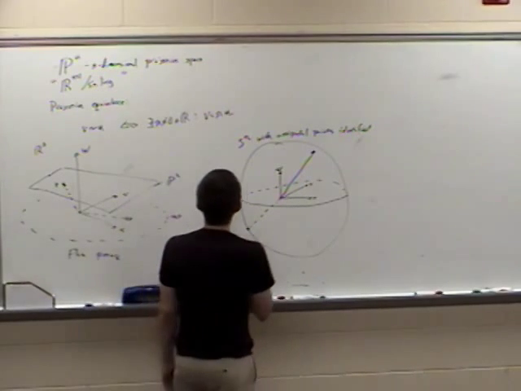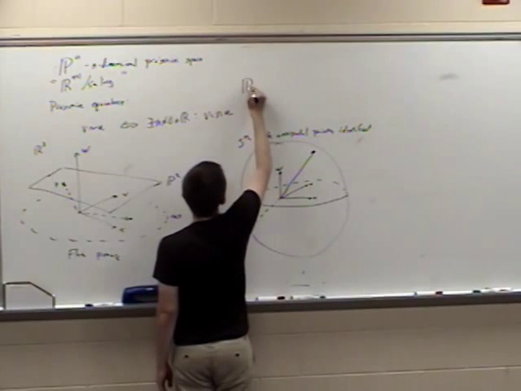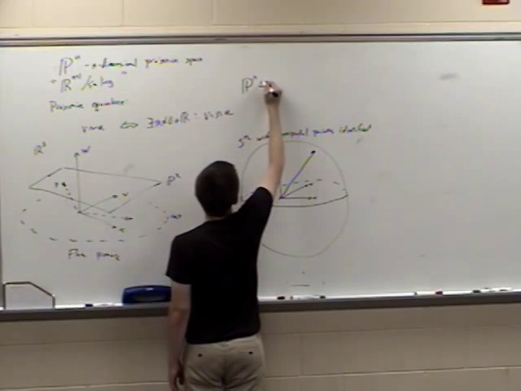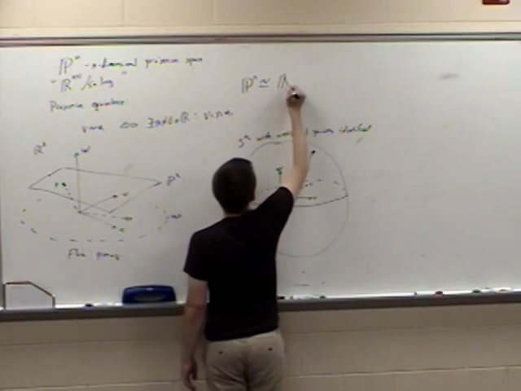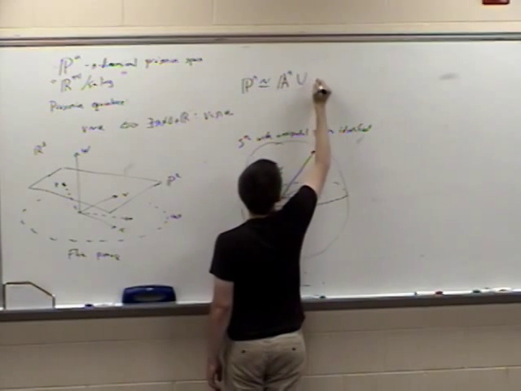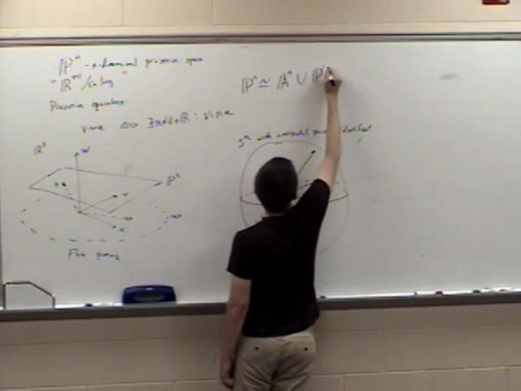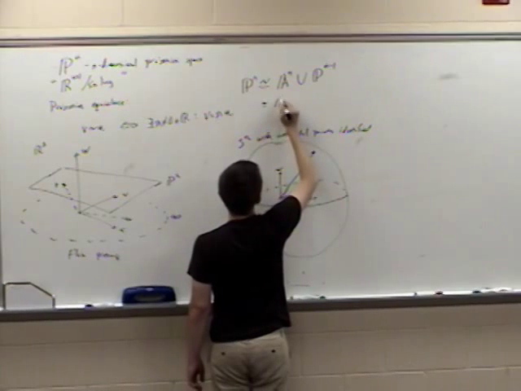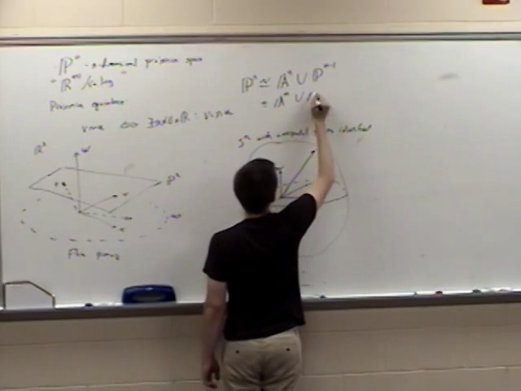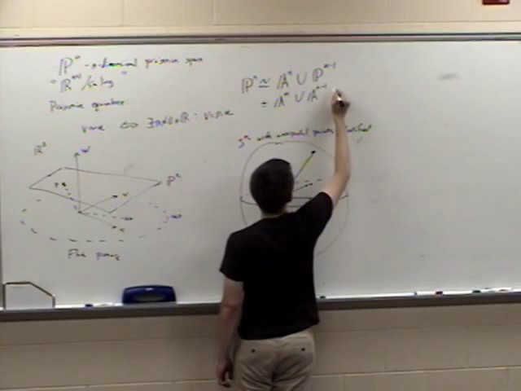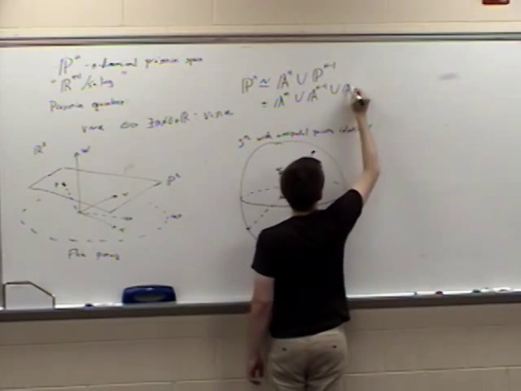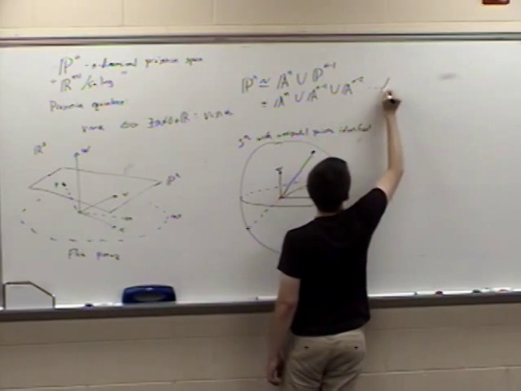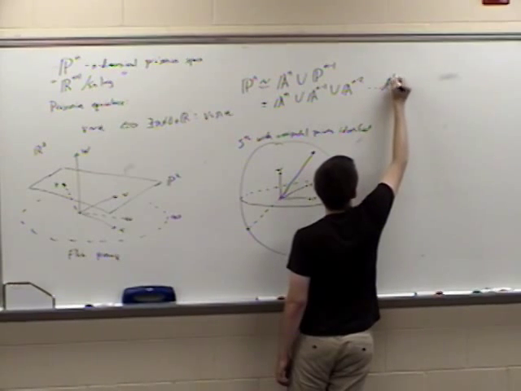So this means that projective space really is the same thing as n-dimensional affine space together with projective space of one dimension lower, which means that it's basically A^n glued together with A^(n-1), glued together with A^(n-2), and so on until you get down to just the single point, right?